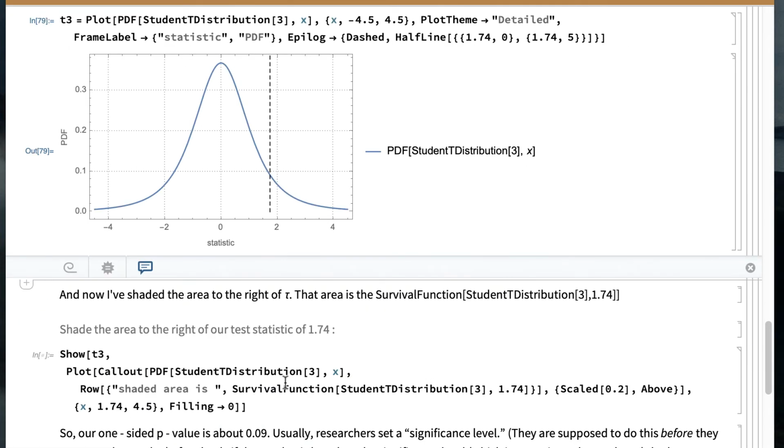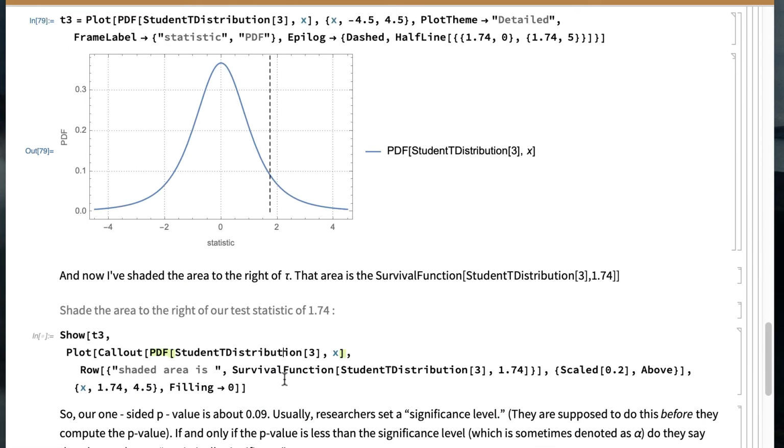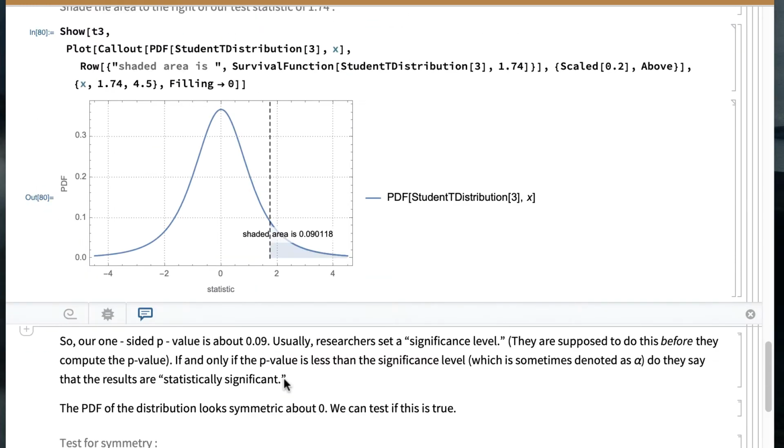Okay, now, let's actually shade the area to the right of that dashed line. Okay? We've shaded the area to the right of that dashed line, and with a little math, what we can find out is that that area is 0.09.